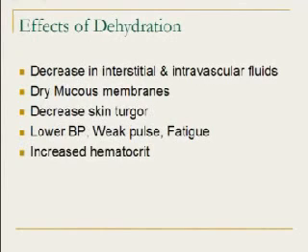The effects of dehydration include decreased interstitial and intravascular volume, dry mucous membranes, decreased skin turgor, lower blood pressure, weak pulse, fatigue, and an increase in hematocrit. The hematocrit is a reflection of the total blood volume. And remember, the total blood volume is measured by the number of red blood cells.